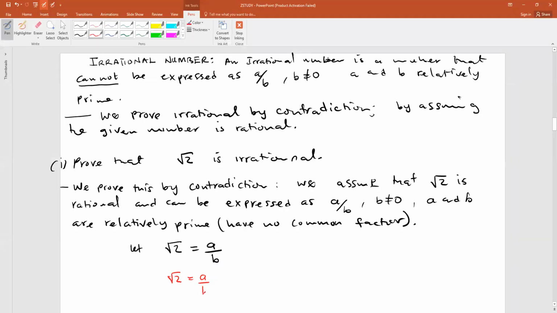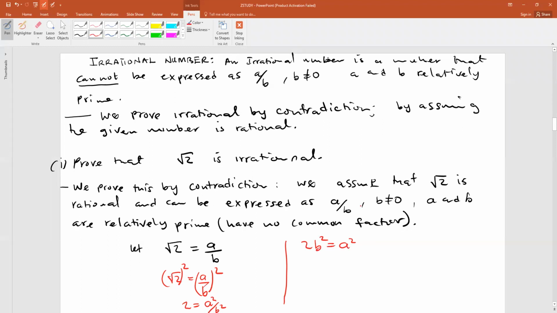Then we square both sides so as to remove the root, so that 2 is equal to a squared over b squared. Then cross multiply, this will turn out to be 2b squared equals a squared.